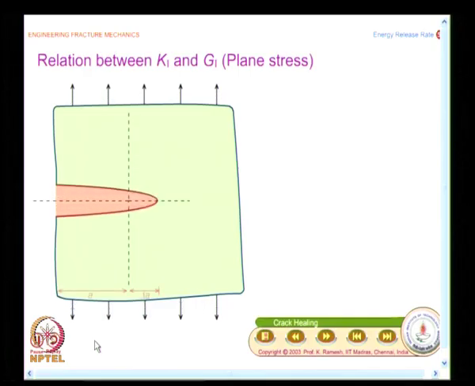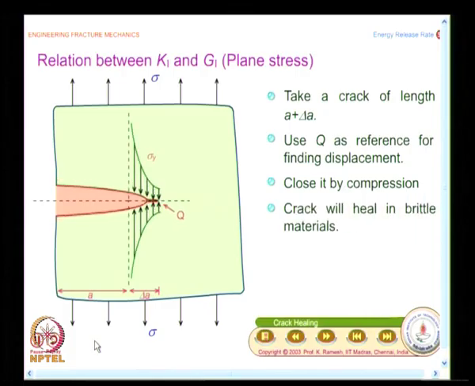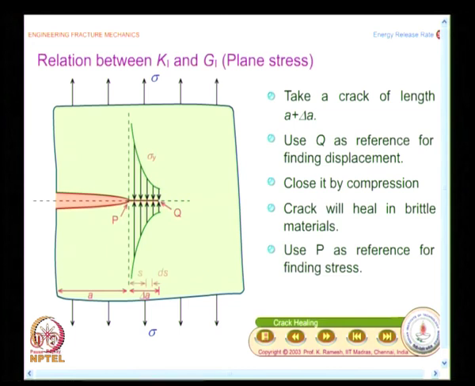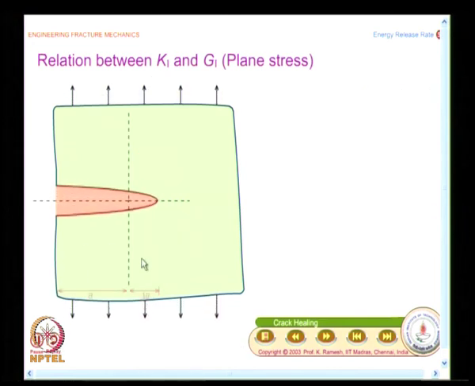So, take a crack of length A plus delta A. I think I would show this animation again and just observe the animation.